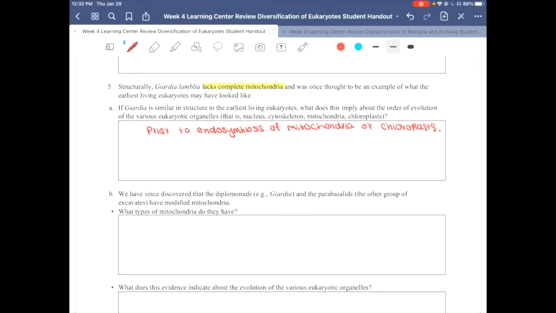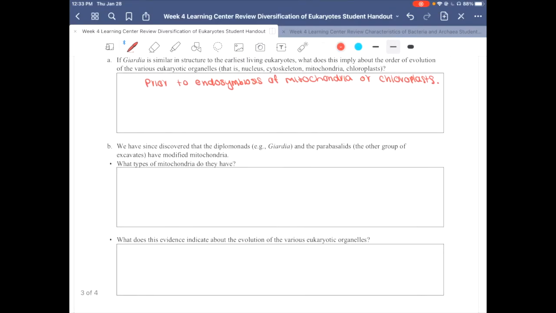Okay. We have since discovered that diplomonads and the parabasalids have modified mitochondria. What type of mitochondria do they have? So they say that they appear to be vestigial mitochondria because it appears unusual and contains genes that are normally found in the mitochondria. So it is said to be vestigial mitochondria.